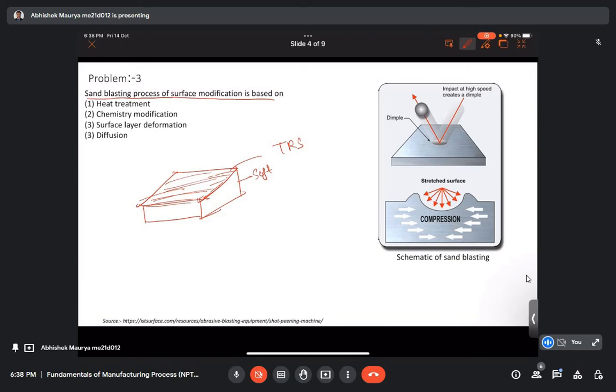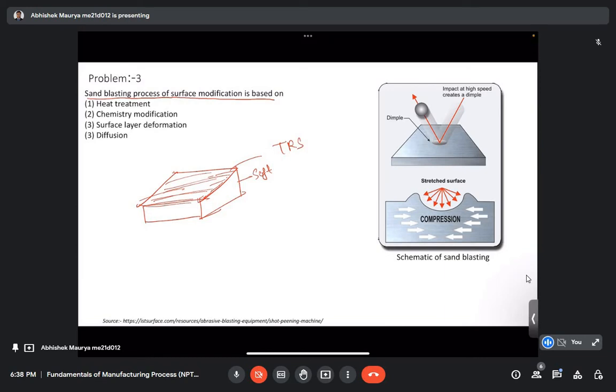In that case, we have to improve the hardness or strength of the component. One of the processes we know is surface modification by work hardening or surface layer deformation.